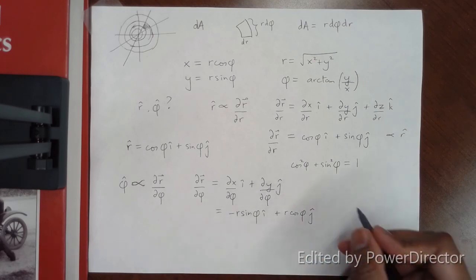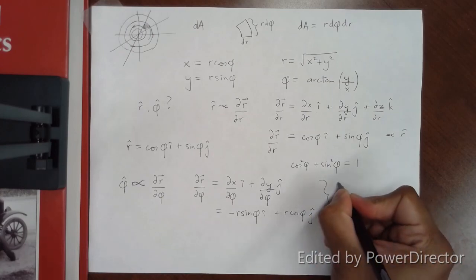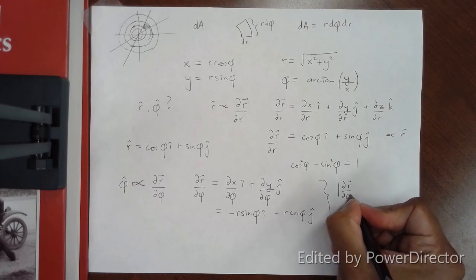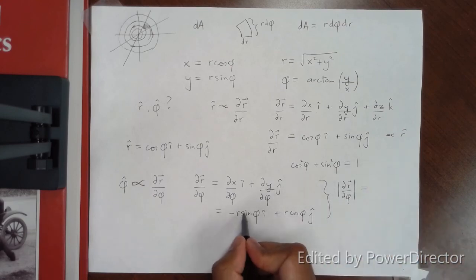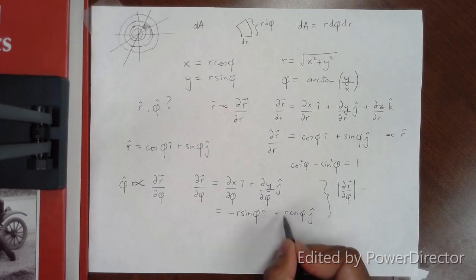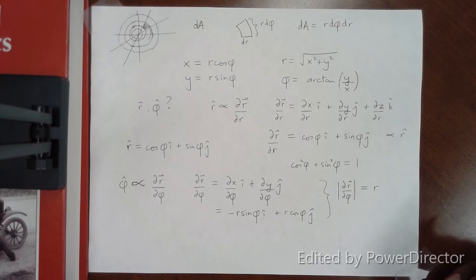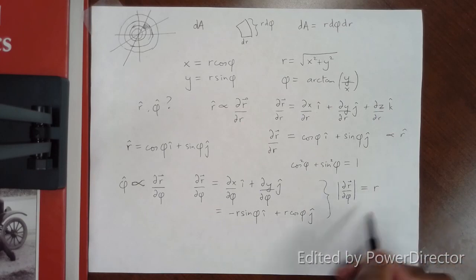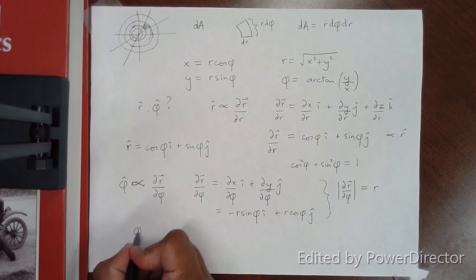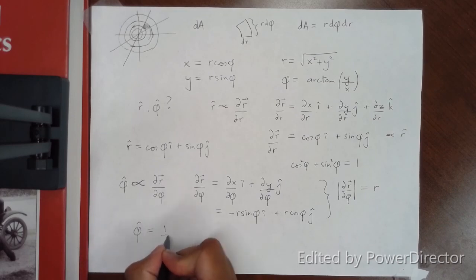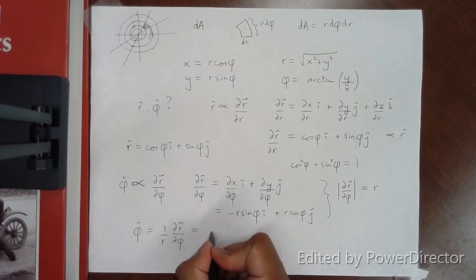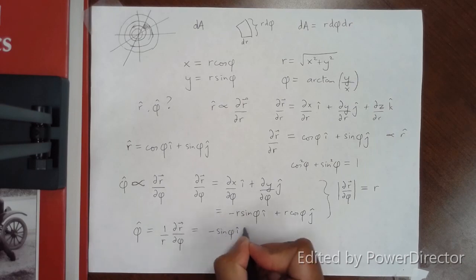If we take the magnitude, what we end up with is the square root of r squared sine squared phi plus r squared cosine squared phi, which is r. So this is not quite a unit vector, it has a magnitude of r. However, we can use this to construct a unit vector by simply dividing by its magnitude. And so we get phi hat is equal to 1 over r times this, or in other words, phi hat is minus sine phi i hat plus cosine phi j hat.